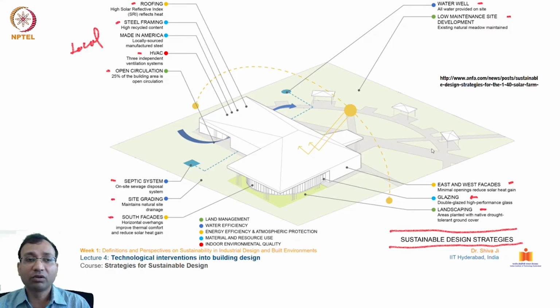So we will go component-wise in this building illustration. The roofing, of course, we can use a high solar reflective index material that reflects the heat on the outer side and doesn't heat up the building. So the overall cooling requirement of the building will be lesser.